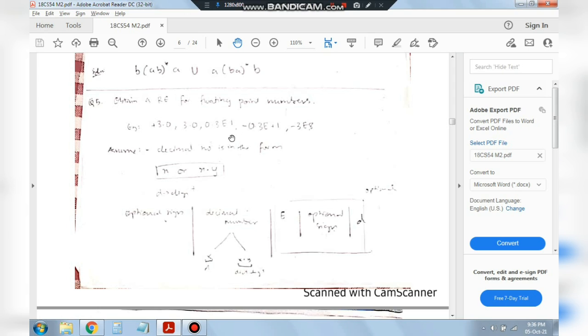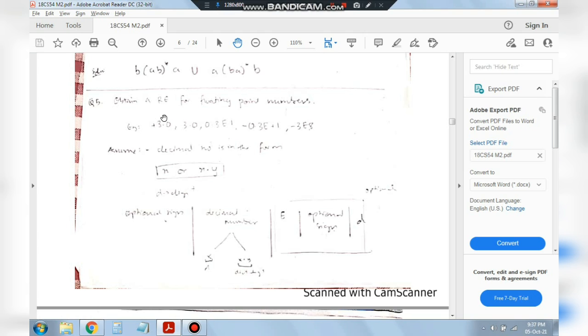This is one of the formats, and we have a negative number here, as well as between E and 1 we have plus here. This is also a valid format. And here we have the negative, then the digit, E, and then the digit. In between E and the digit we don't have any sign. So keeping in mind all of these combinations, we have to generate a regular expression by using which we can generate each of these strings.